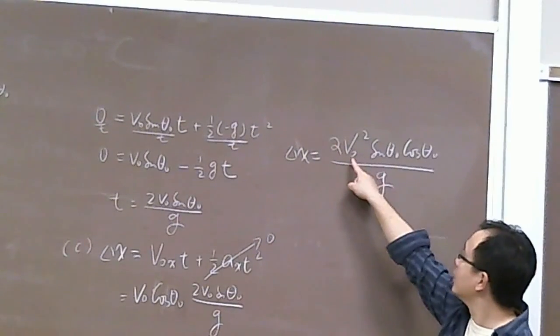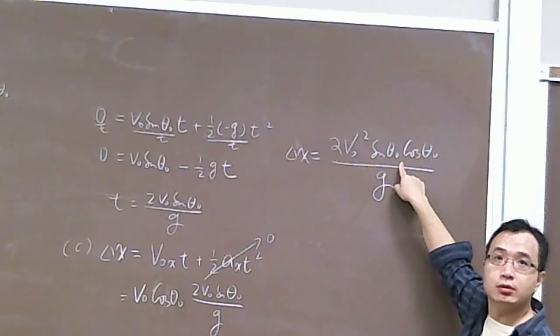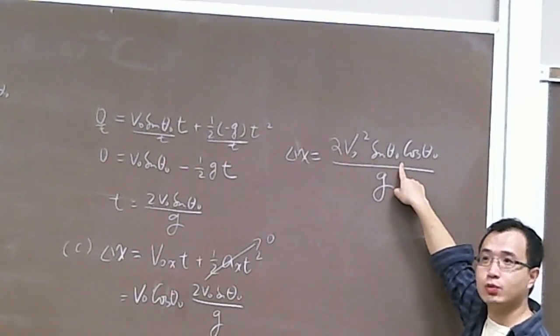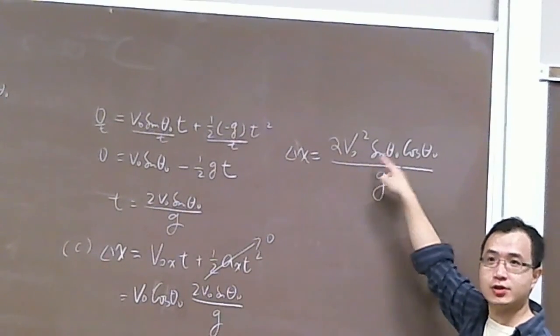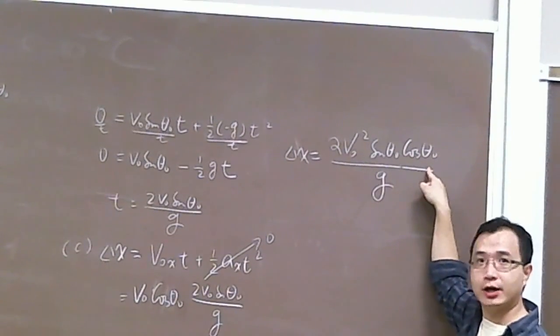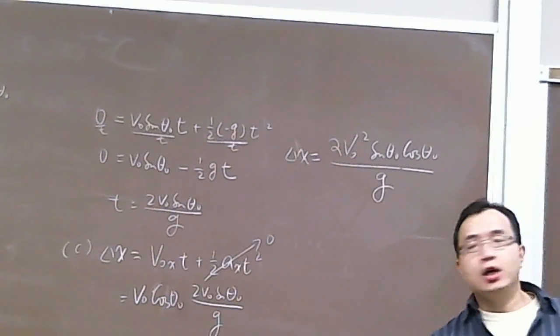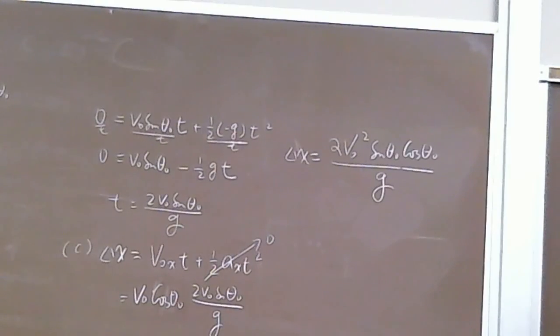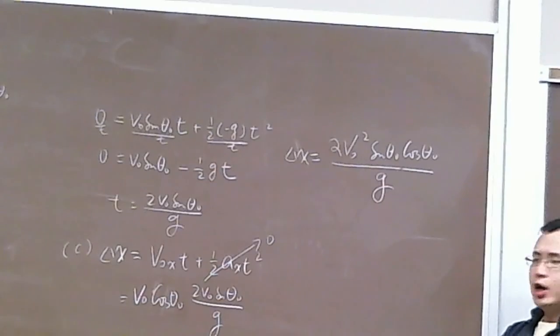If we fix initial velocity v naught, the horizontal range delta x will depend on theta naught through the two trigonometric functions, sine theta naught multiplied by cosine theta naught. V naught and g are constant. And here, it's not easy to see this directly, but you can see some trend.